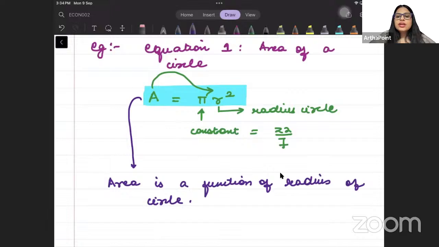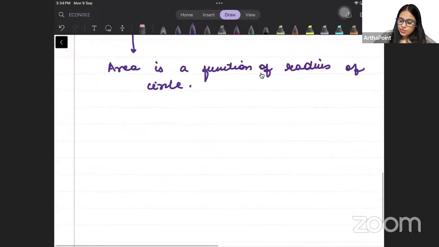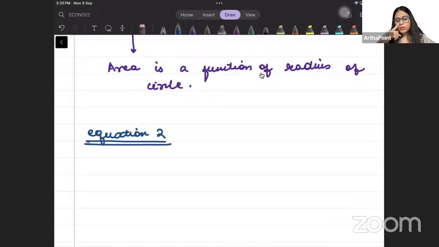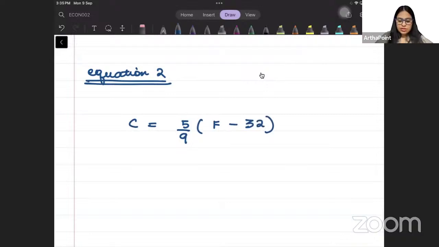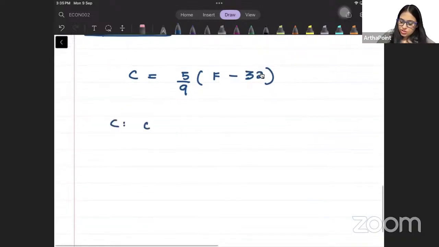Now let us try to take one more equation. So suppose I want the conversion between centigrade and Fahrenheit. ठीक है. Equation number 2 बेटा. तो यहां पे हम बोल रहे हैं that centigrade is equal to 5/9 (Fahrenheit minus 32). ठीक है. C क्या है? टेम्परेचर इन सेंटीग्रेड या सेल्सियस.